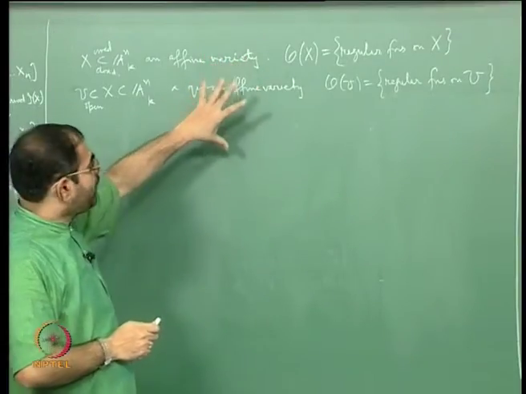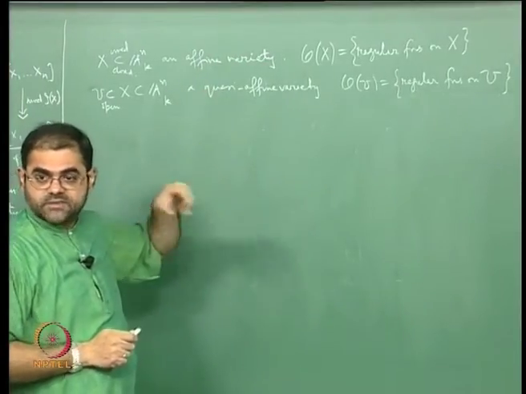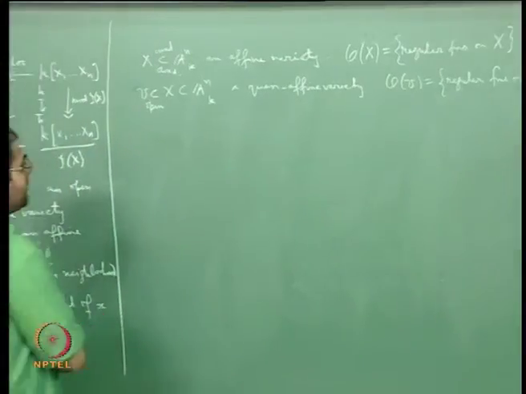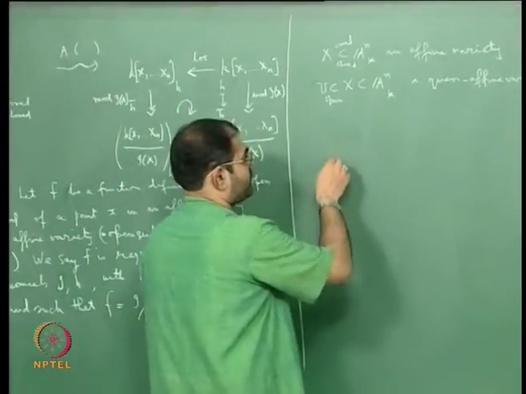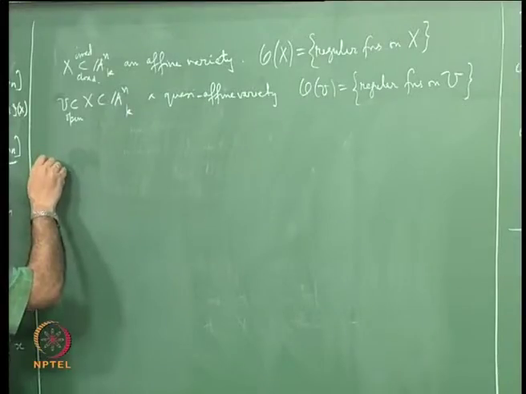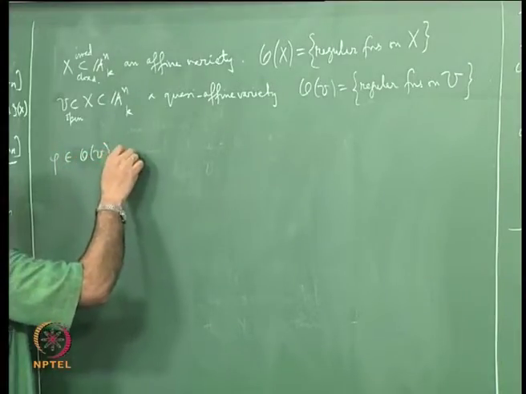Okay, and how do these global definitions come? They come from local definitions, pointwise definitions. Let me write down the definition. Suppose I write phi belongs to O of U, means what?